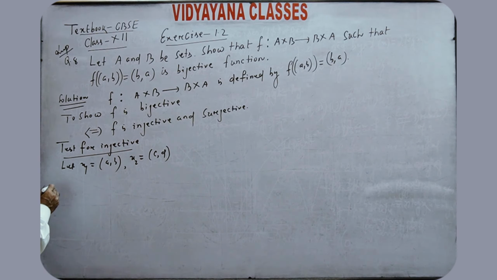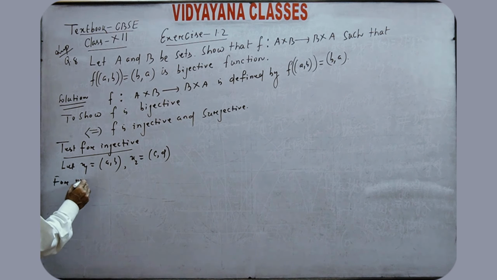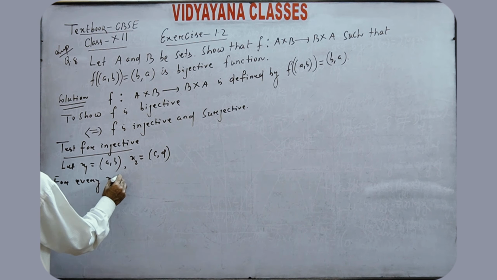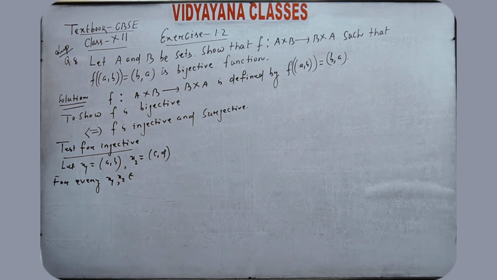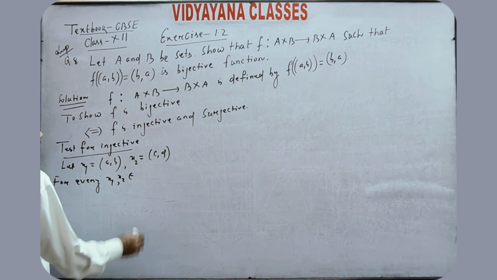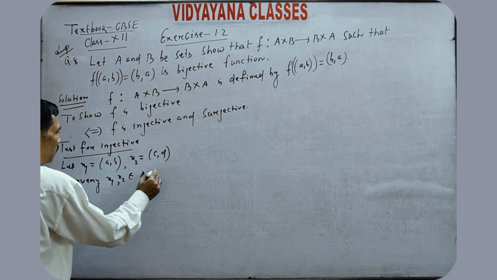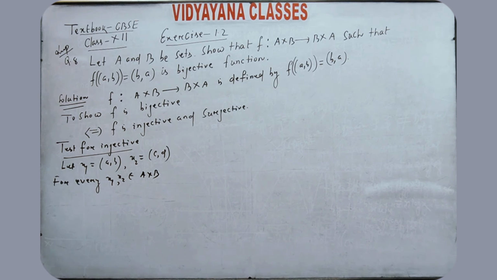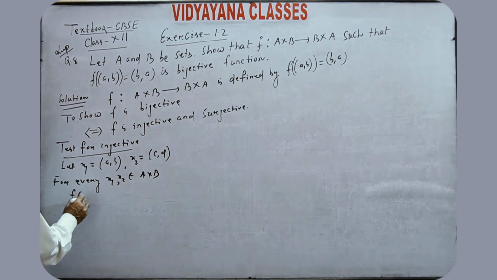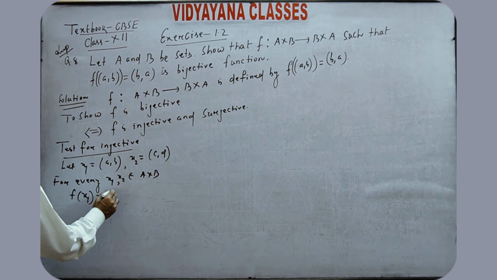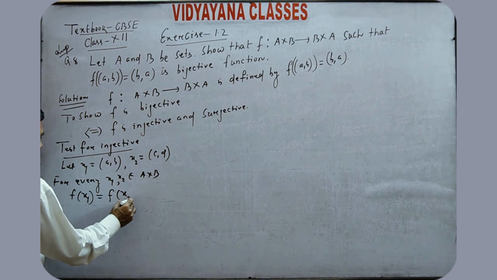By the definition, for every x1, x2 belongs to A cross B, f(x1) is equal to f(x2).